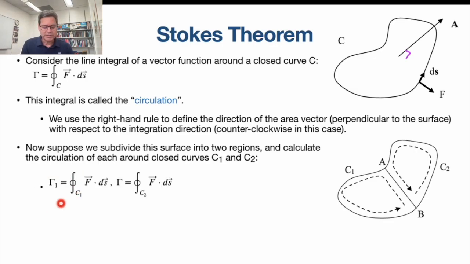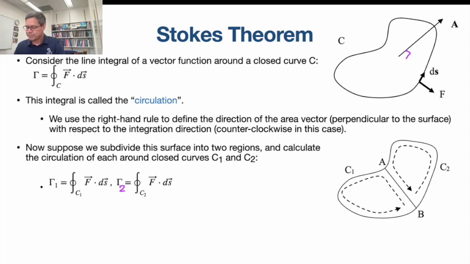So I have the circulation gamma 1 as the integral over this new closed curve C1, and gamma 2, which is the integral over the second one.